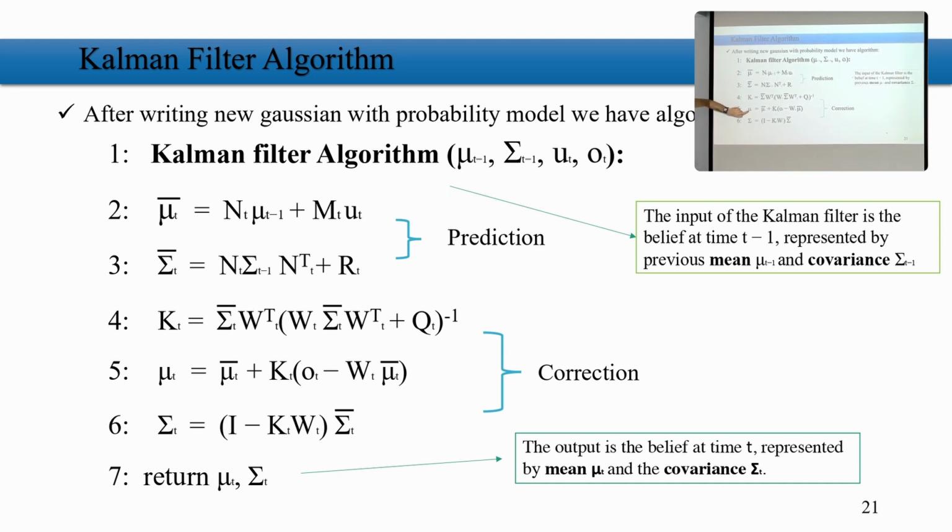So this is the new mean, which is equal to, in the left part, the predicted mean that was calculated directly from the motion command, right? And in the right side of the term, we have the Kalman gain that is multiplied by the observation. Last time I also showed some examples and we discussed it together.